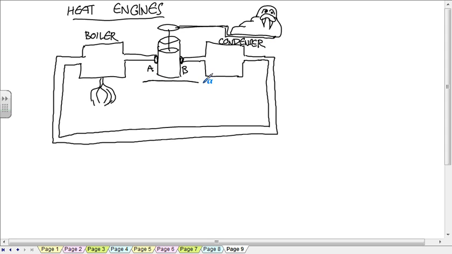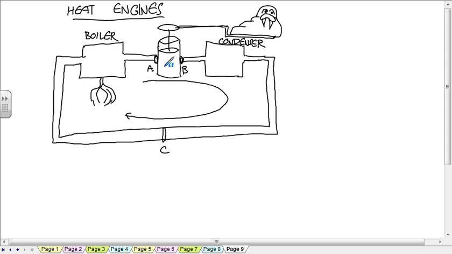Gas moves through the cycle this way. And let's just think step by step what has to happen. And I'll call this C. Okay, so there's gas in here being heated up. It's trying to expand, but it's not allowed to if this valve is closed, right?